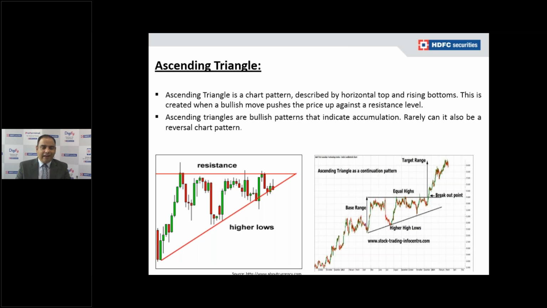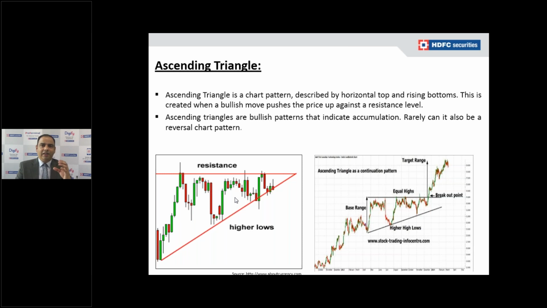What you can see in the left side chart is that the price is continuously hitting the resistance level, but at the same time the price is finding support on a higher basis. Initially we can see the lower levels, and after that the price has formed a higher bottom. The bottom level has increased. What does it mean?